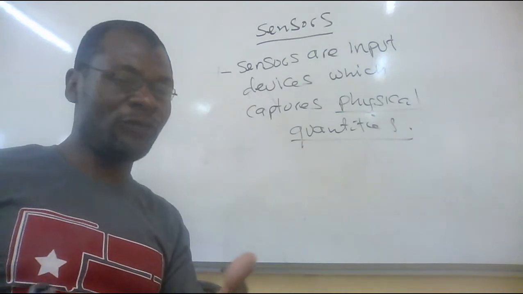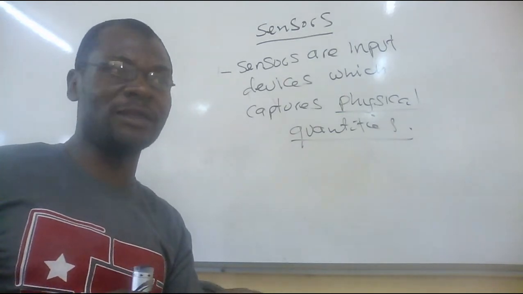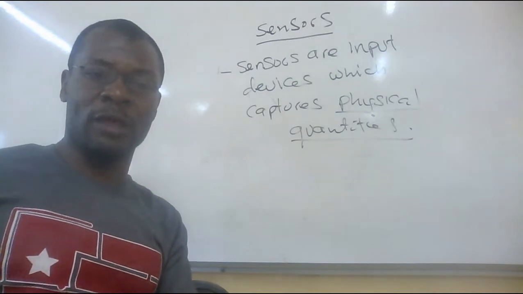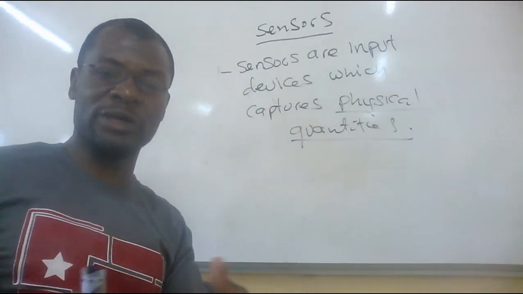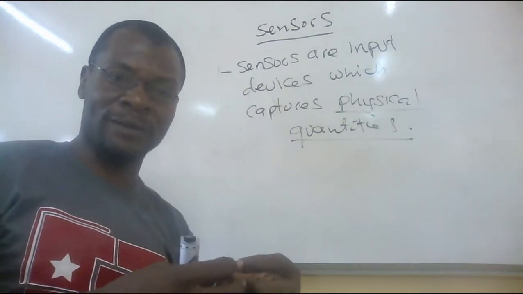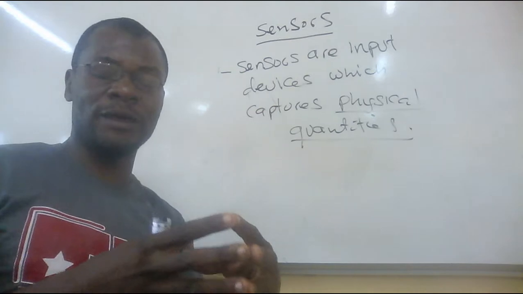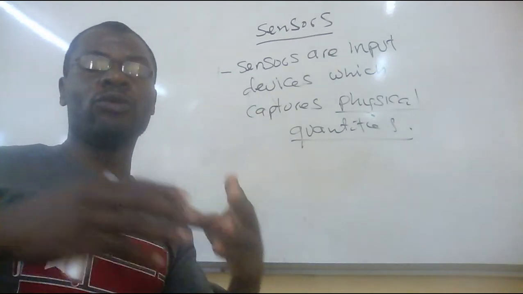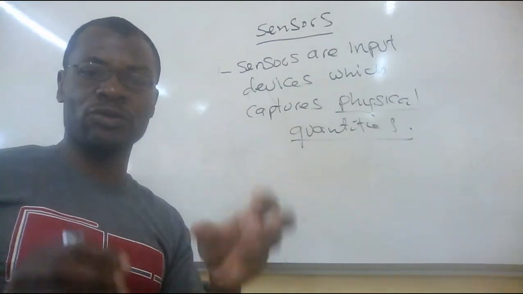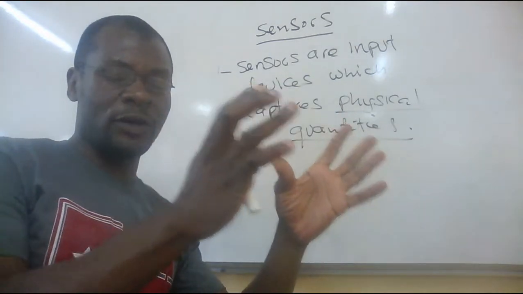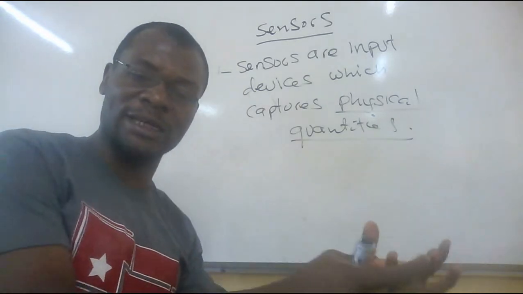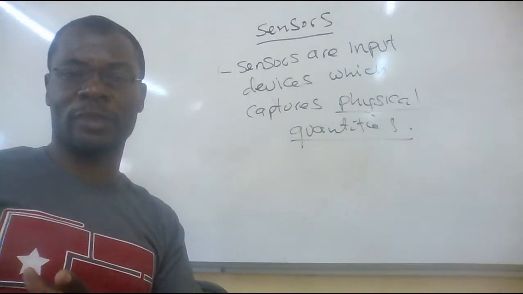For instance, if you want the computer to detect the temperature, temperature is not part of the computer, but it is part of our world. We are the ones who feel the warmth and coldness of the weather. Now we want to take that temperature into the computer system. We are going to use what we call a sensor to detect the condition of the day, the weather, outside the computer world, and take that into the computer system.